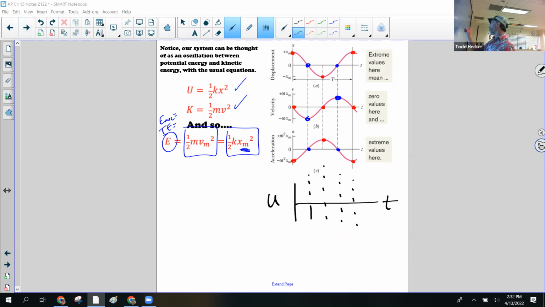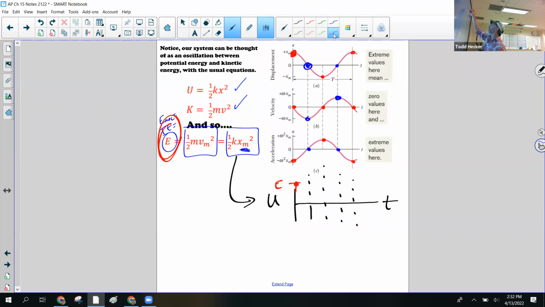So U is 1/2 kx squared. Here I'm at my maximum x, so I'm also going to be at my U max, which we can just call E, or maximum total energy. We're going to oscillate between that.